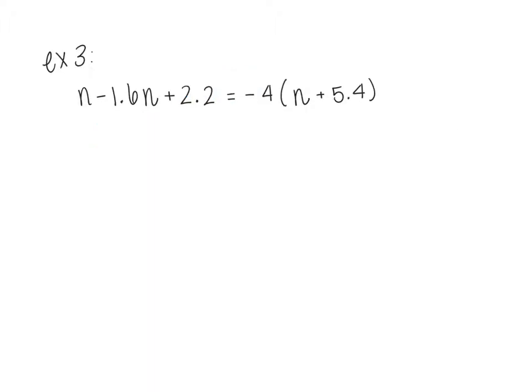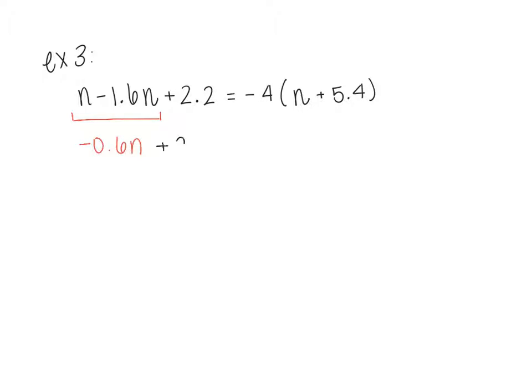All right, so my last example, solving again, just solving and finding out the number. So on the left, I have n minus 1.6n plus 2.2. So I do see some like terms, so I'm going to combine the like terms. So I have 1n minus 1.6n, which will give me negative 0.6n.